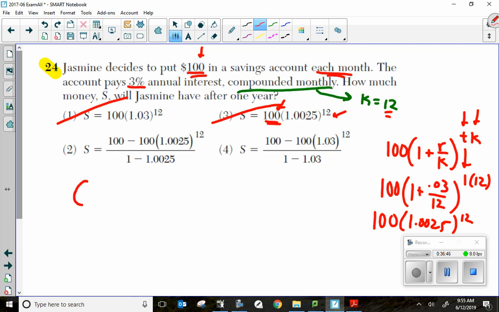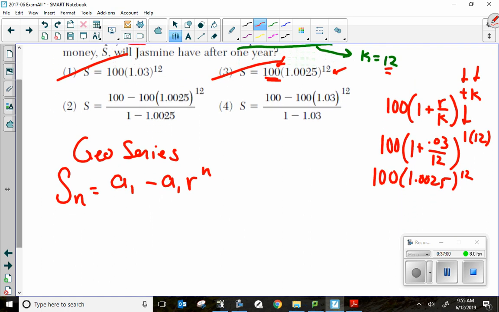These are the geometric series, and it is on the reference sheet. S of n equals your initial value minus your initial value times your r raised to your n, all over 1 minus r. And don't forget that this r value, and it drives me crazy, is not just our rate, but it's 1 plus our rate.